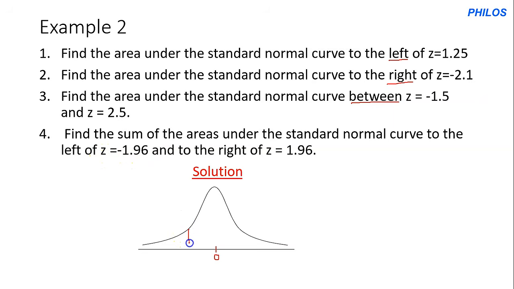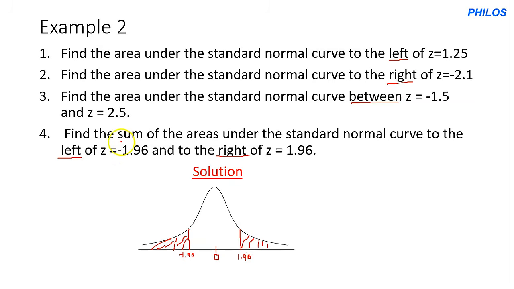So let's say negative 1.96 is here, and we have positive 1.96 also at the side. But the question says the left of z equal to negative 1.96. So where is the left? This is the left of negative 1.96. And the right of z equal to positive 1.96 is this side.